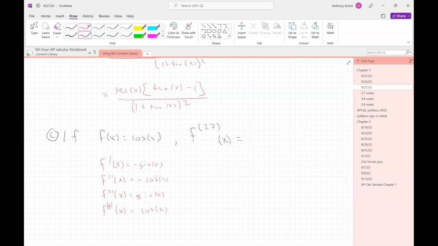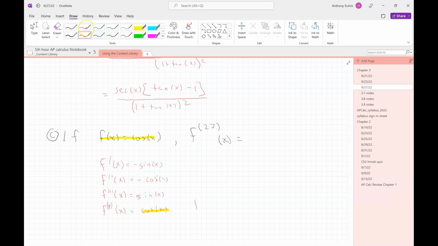Look what's happened. We're back to where we started. So this is what we call a cyclic function. So how long is our cycle? 4. So every four derivatives, nothing happens.